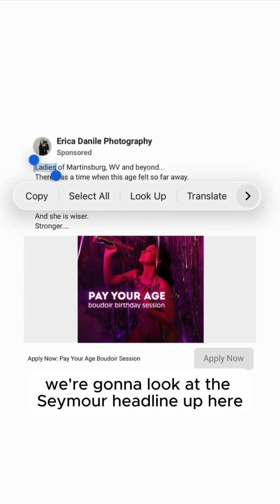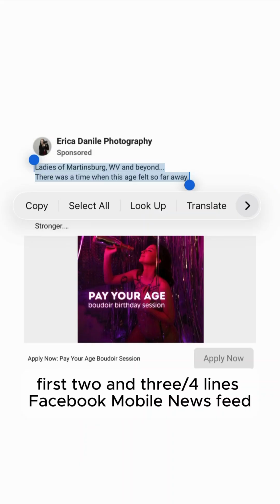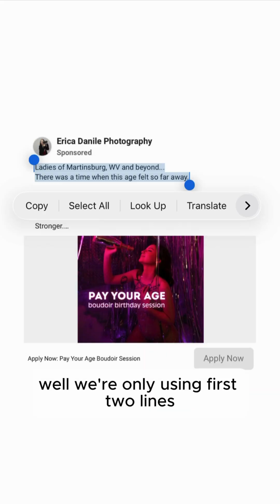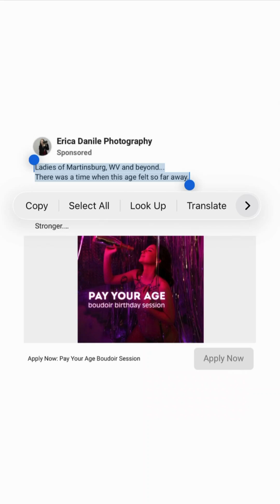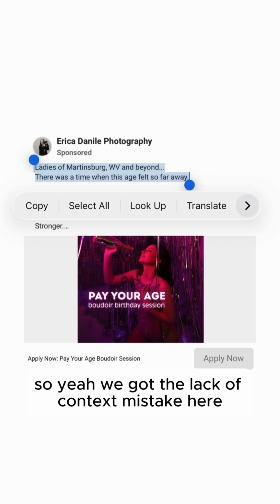Finally, we're going to look at the see more headline up here. First 2 and 3/4 lines, Facebook mobile newsfeed. We're only using the first 2 lines. Okay, so yeah, we got the lack of context mistake here.